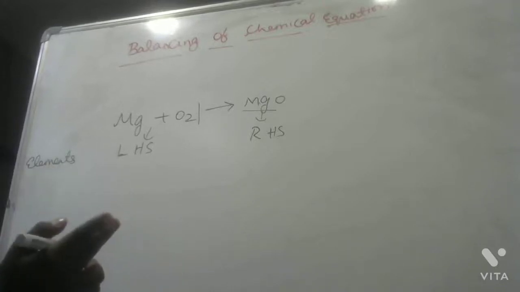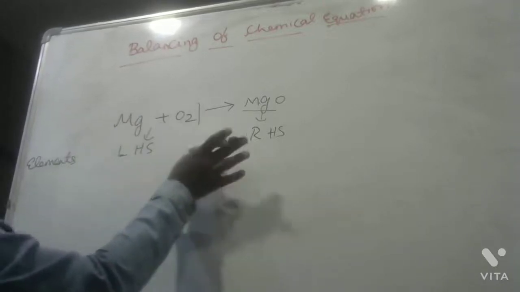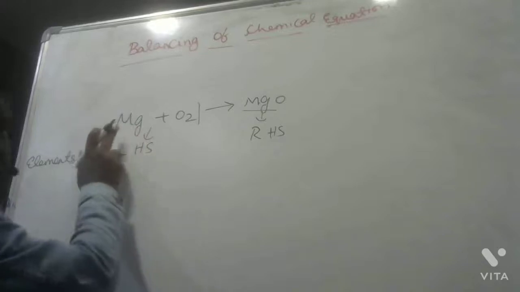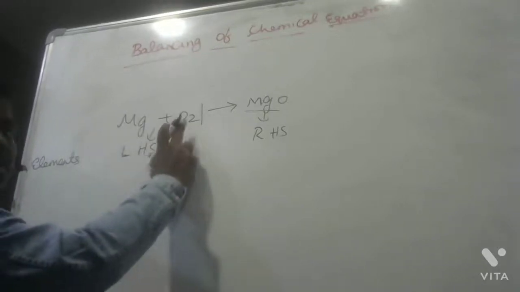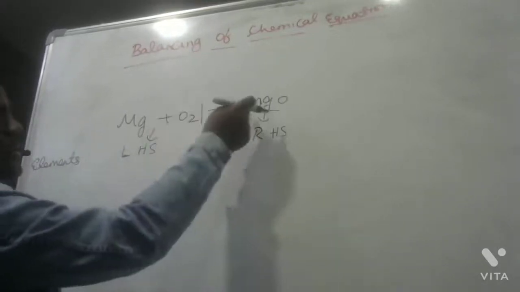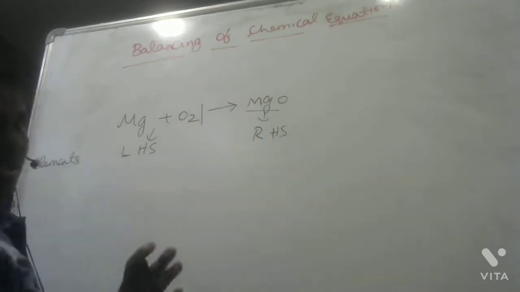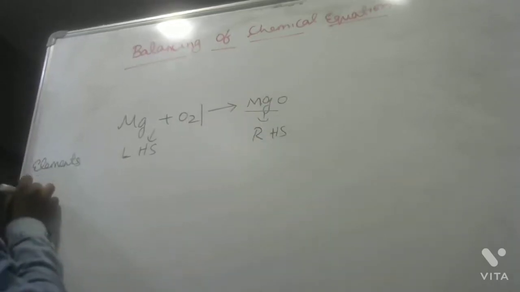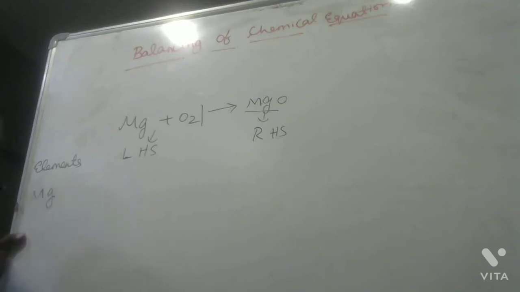The second step is to identify the elements. Now in this equation I am having magnesium and oxygen, and on this side also magnesium and oxygen. So two main elements are there, magnesium and oxygen.